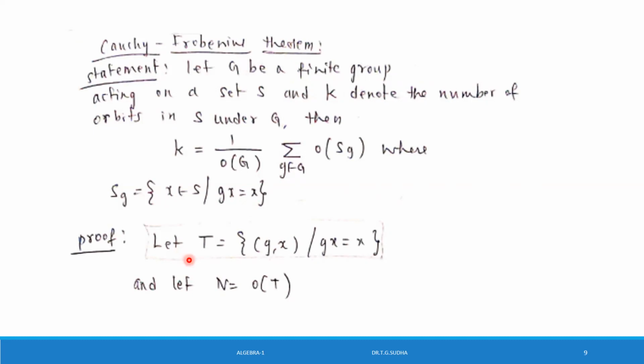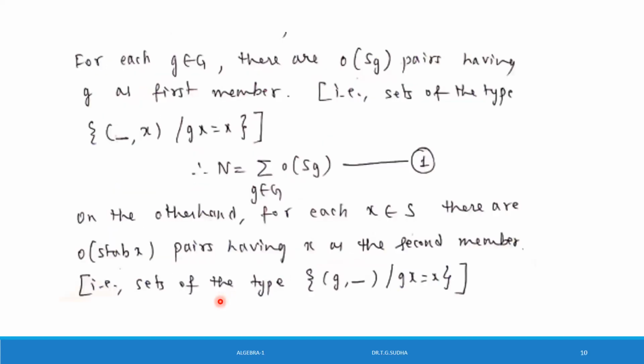Now with this data, let us define one set T, which contains all ordered pairs G comma X, such that Gx is equal to X. That means here G is fixing X. Certainly, this set will give us the stabilizer of X. And let the order of T be equal to capital N. Now, for each G belongs to G, there are order of SG pairs having G as the first member.